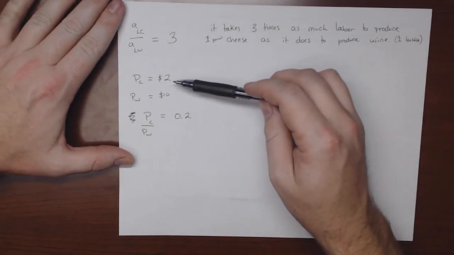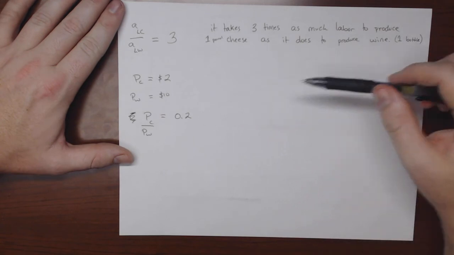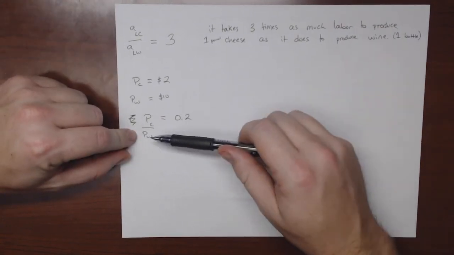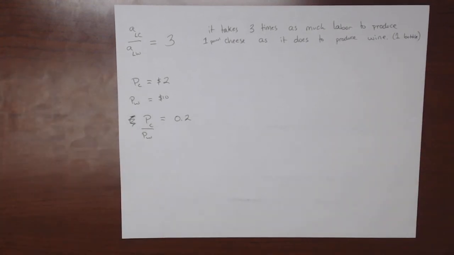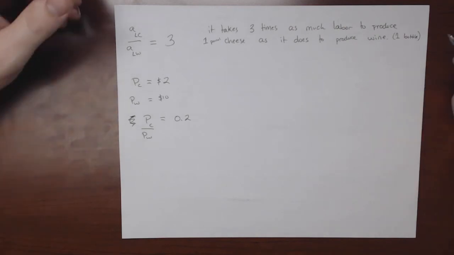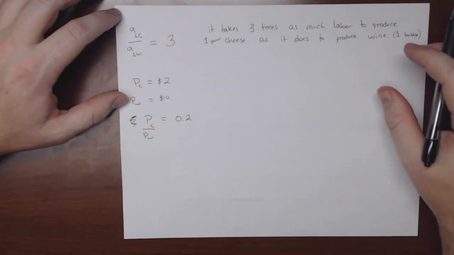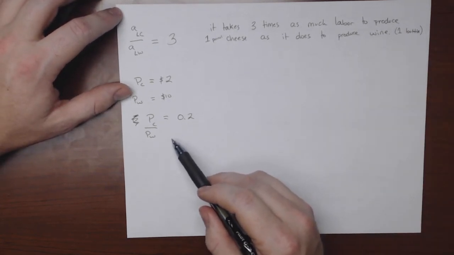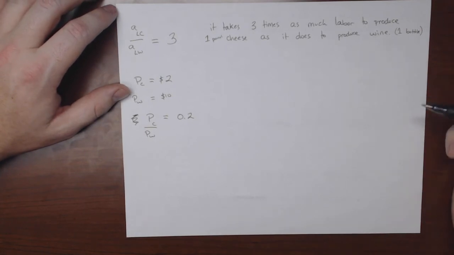Or it says that each pound of cheese, in this case, costs us 1/5 of a bottle of wine. So by buying a pound of cheese, we give up purchasing 1/5 of a bottle of wine. Okay, so if we know this about the country, that their marginal rate of transformation is 3 and the relative price is 0.2, which one should this country produce?